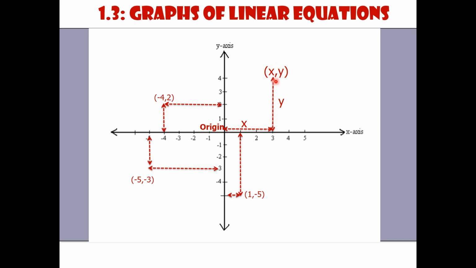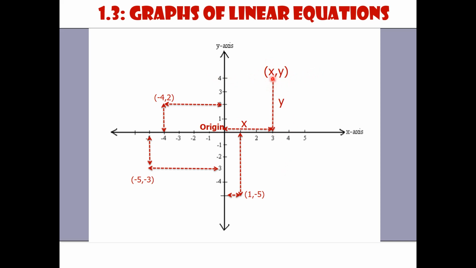Let's say this point with the coordinates x and y. How to identify these values of x and y? Well, you have to start from the origin. You have to move along the x-axis until you reach the x value, and then you go up in the y direction until you reach the corresponding value of y.